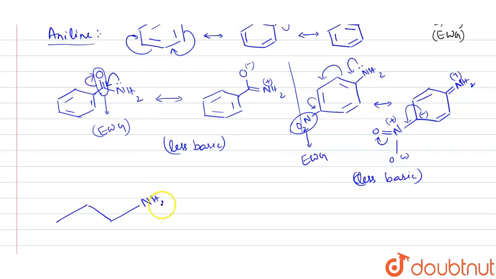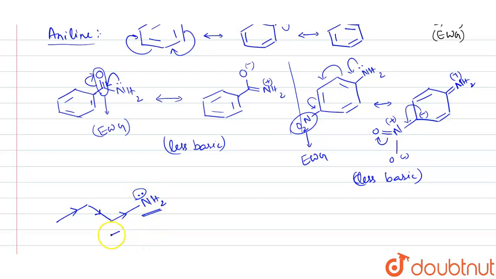Now here, as we can see, this nitrogen lone pair is localized. It is not being shared with any other group. So this N lone pair is localized, and further we have the plus I effect of these groups. This is an N propyl group. So we have the plus I effect of this group, and the nitrogen lone pair density or electron density is enhanced.